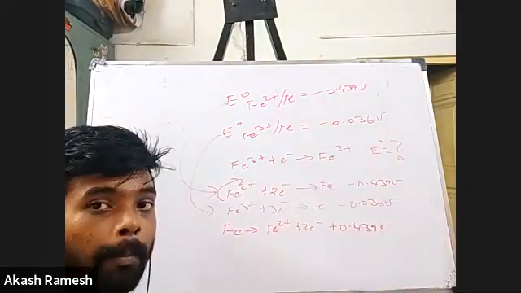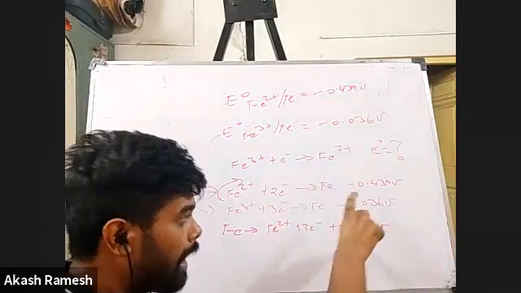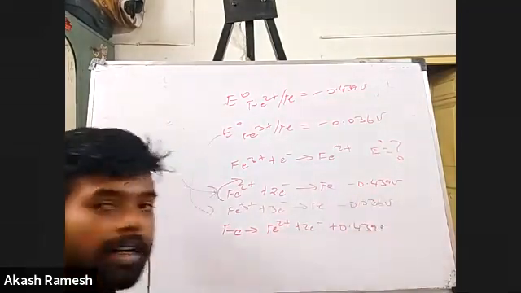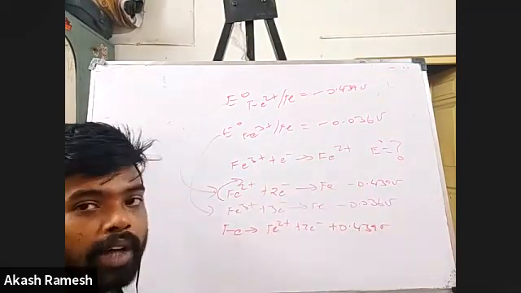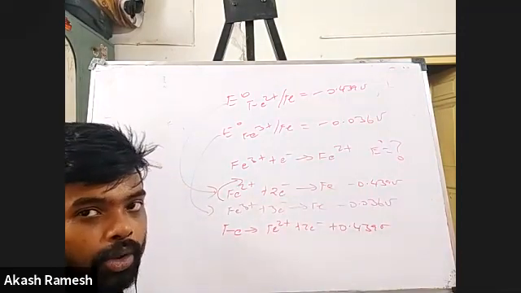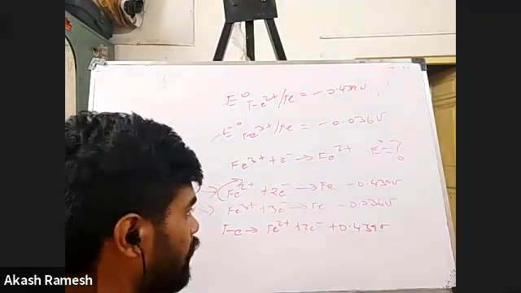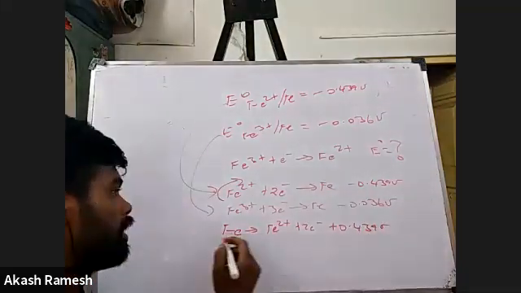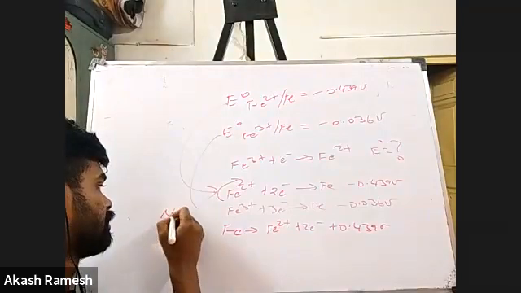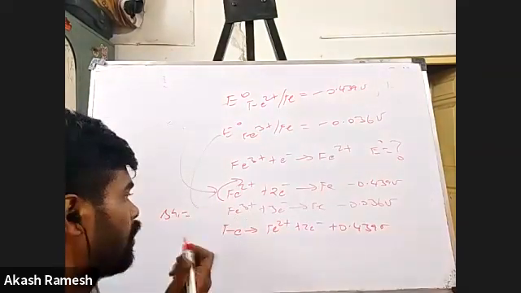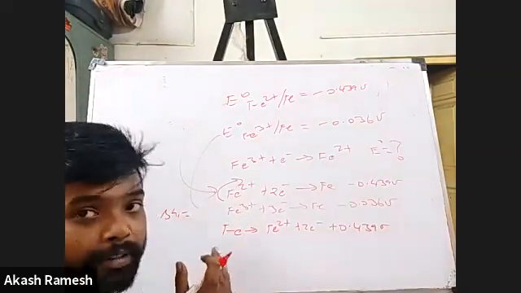No problem. But I already told you that you cannot directly add the reduction potential values. You have to convert them into delta G, then you can add or subtract or whatever you want to do. First, if I calculate delta G1 for this reaction, how will I write it? It is equal to minus nFE.